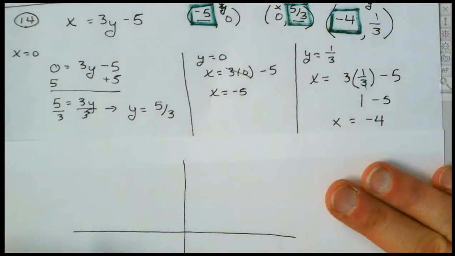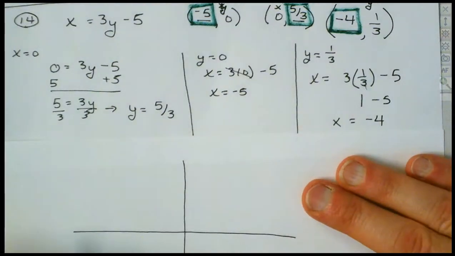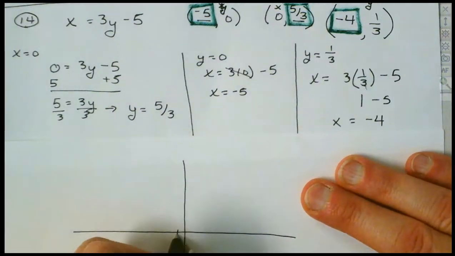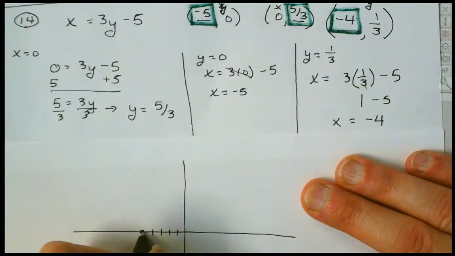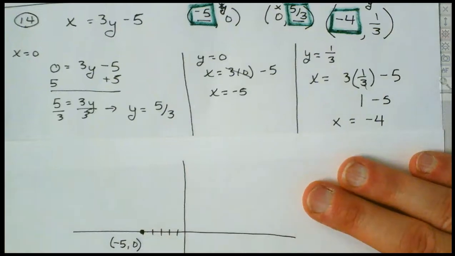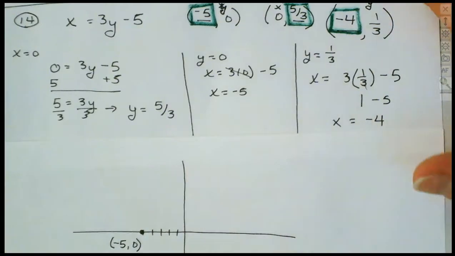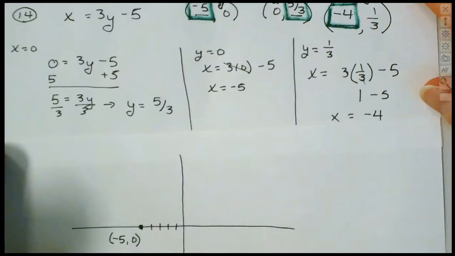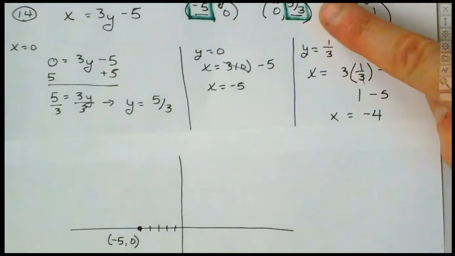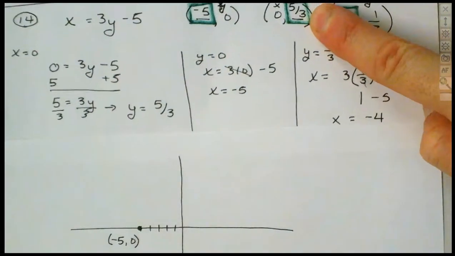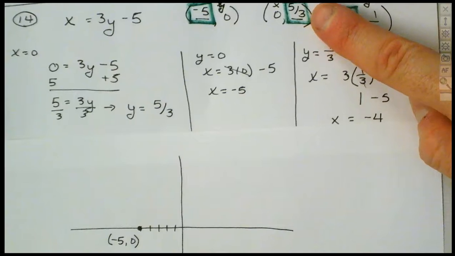So the first one is negative 5, 0. So it's right back here at negative 5, 0. We need another point. We can use either fraction. I think this one would be easier because it's going to be hard to plot a 1/3. A 1/3 is so close to 0, so we're going to use this 5/3 here.